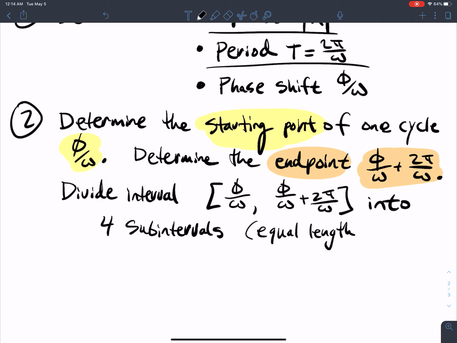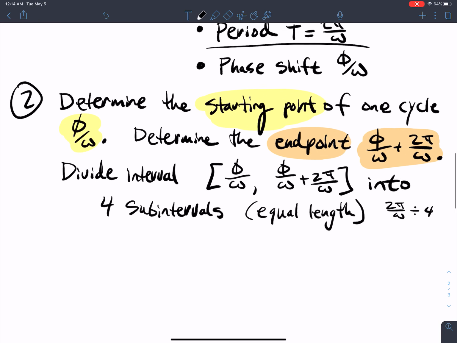All you do is you take 2 pi over omega and you divide by 4. That tells you how far to jump each piece.